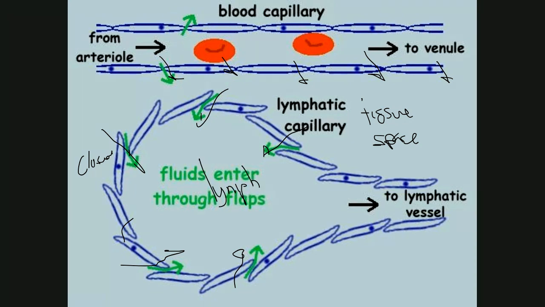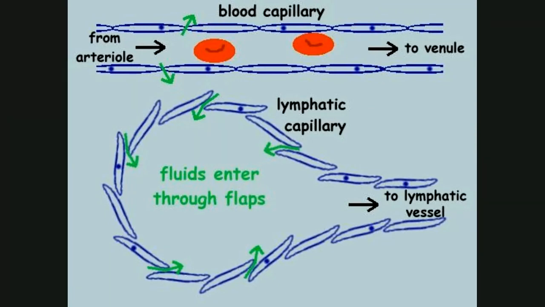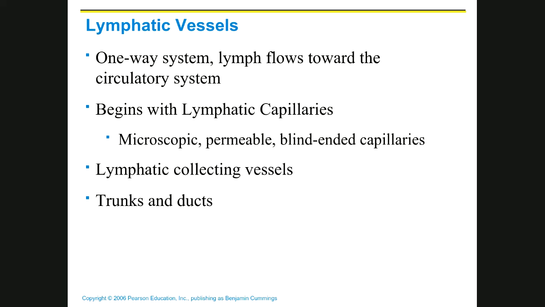Does that make sense to everyone? And then the lymph is going to enter these vessels. So it's kind of a one-way system because it's blind-ended. It starts with capillaries.